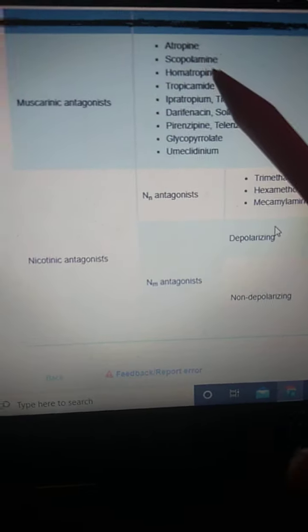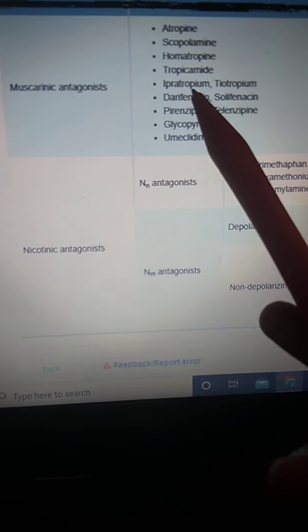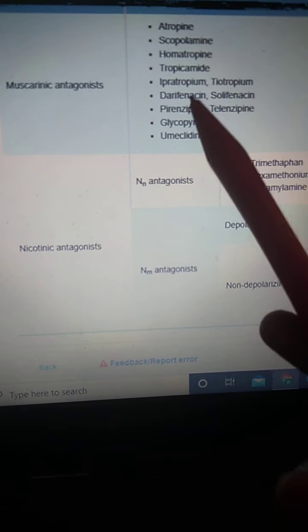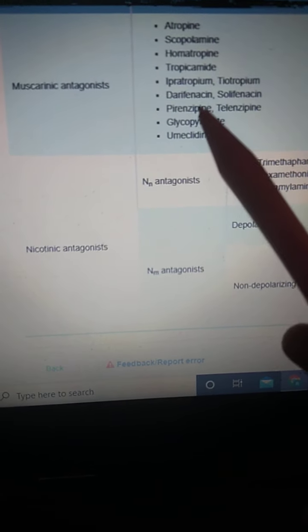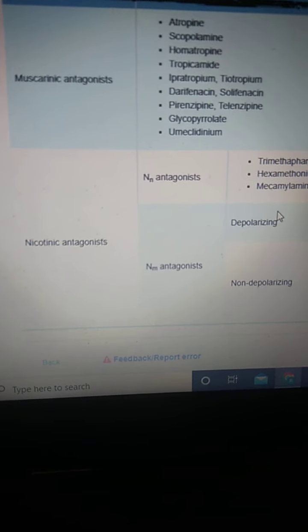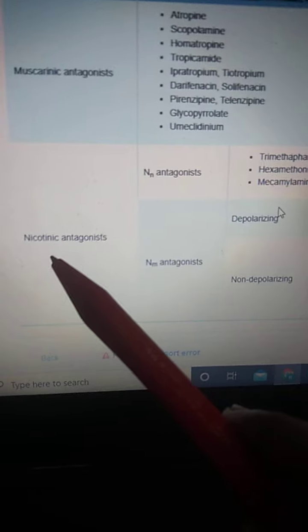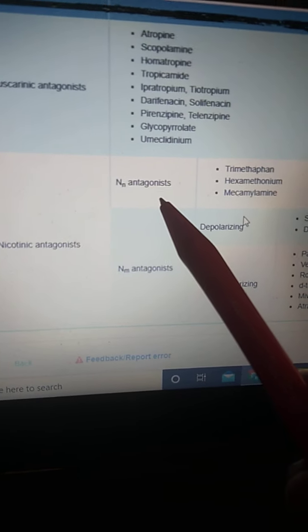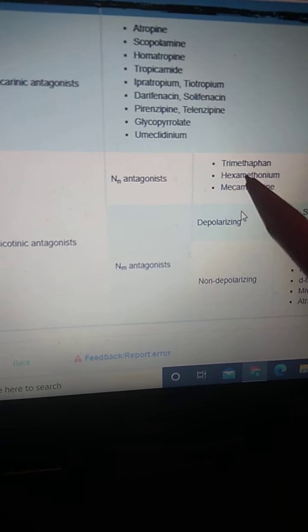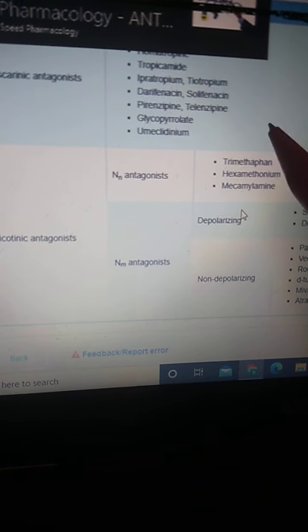Okay, so muscarinic antagonists are atropine, scopolamine, tropicamide, ipratropium, darifenacin (M3), pirenzepine (M1), glycopyrrolate, anesthetics and so on. Nicotinic antagonists: these are ganglionic blockers. We have NN antagonists, which are trimethaphan, hexamethonium and mecamylamine.